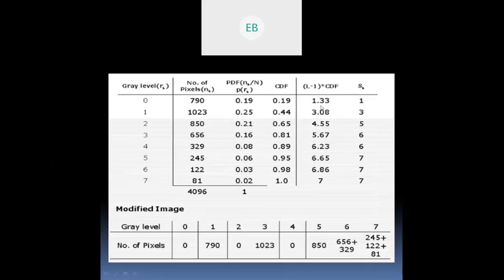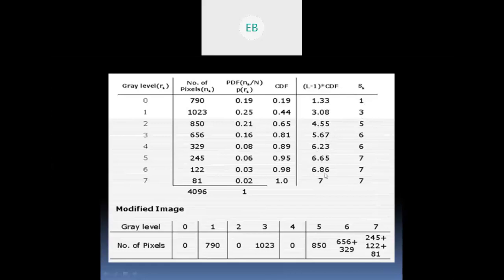So SK equals, just round this off. Okay, so 1.33. So what did I say? If it is equal to or greater than 0.5, then we round it off to 2, but this is not equal to or greater than 0.5, so 1.33 we consider as 1.